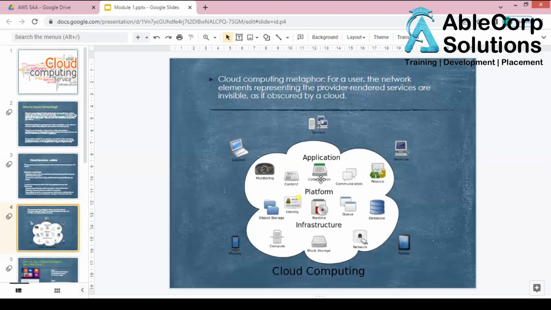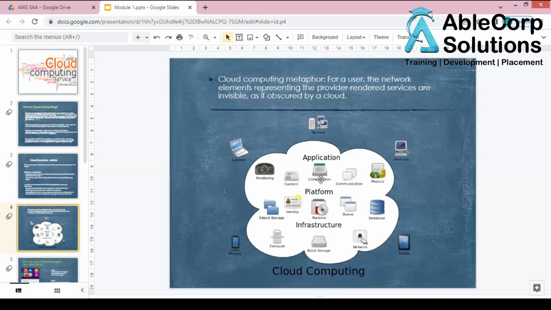For the network also you need hardware. If you don't have the hardware, it will not work. So anything which incurs hardware would land up into infrastructure as a service.